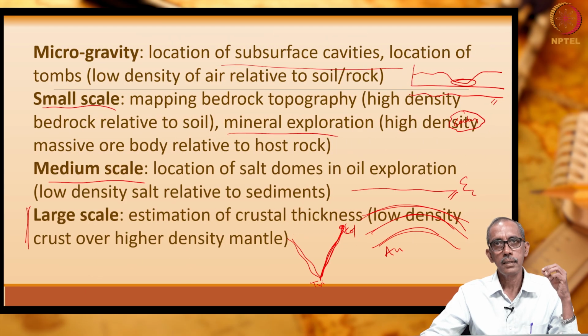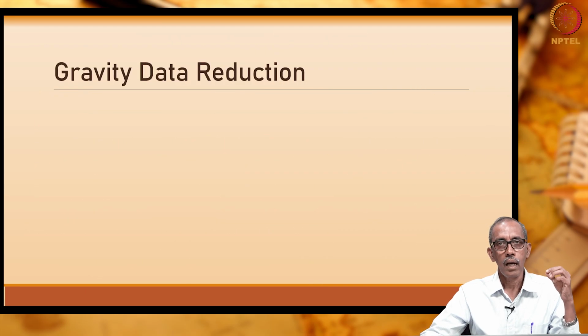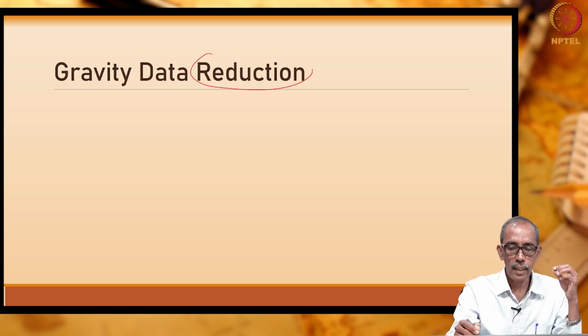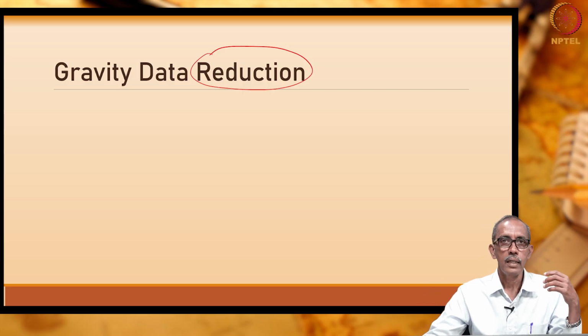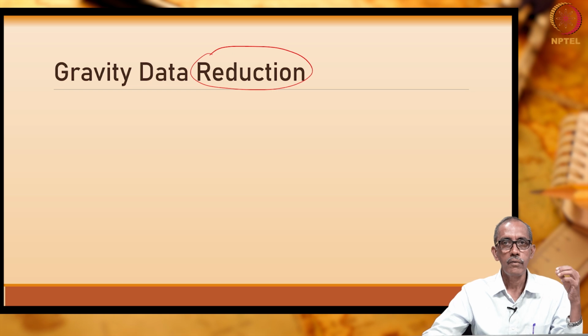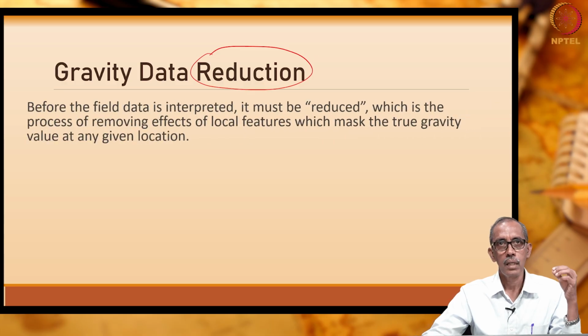Broadly, the corrections that need to be given are also called reduction of data, right. Correction or reduction mean the same in gravitational survey, right. Here in this case, what we are going to see is how the gravity data which we have obtained can be corrected or reduced, right.